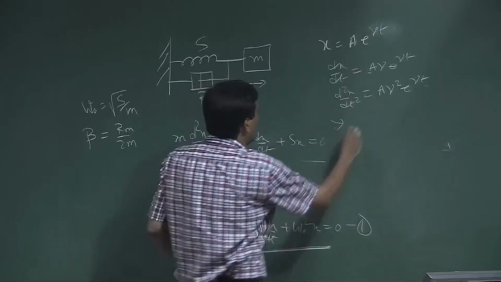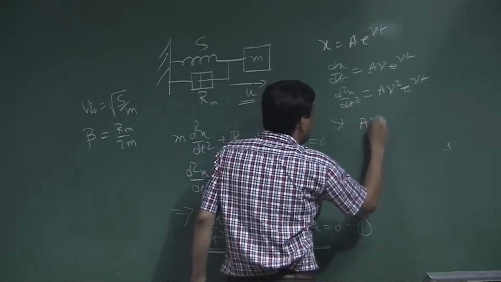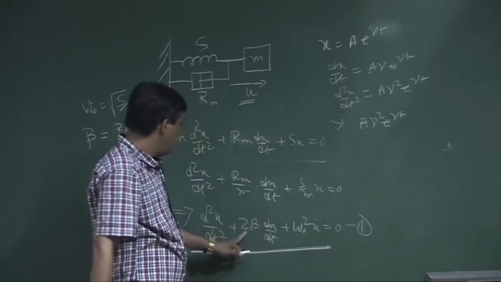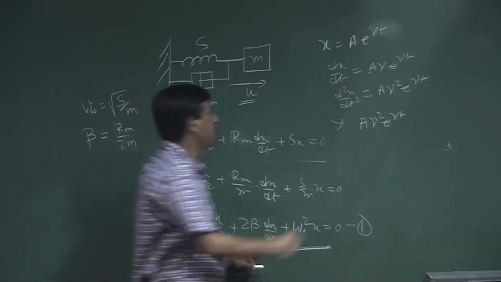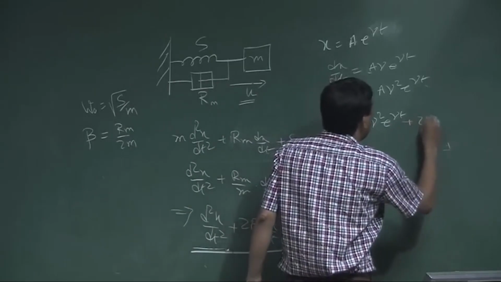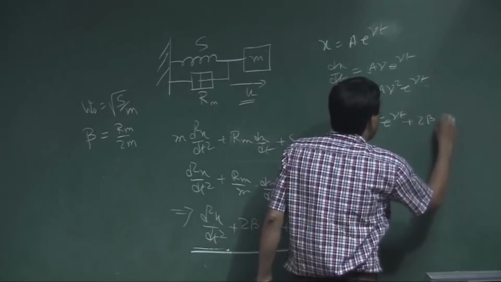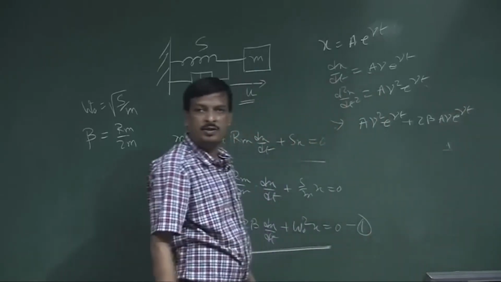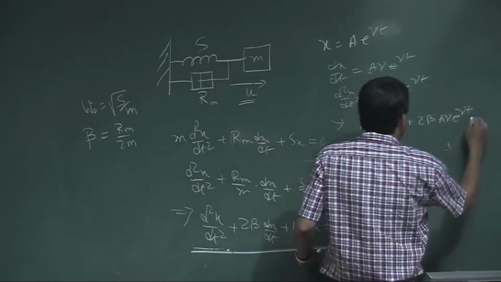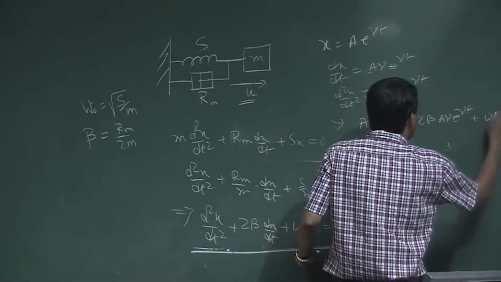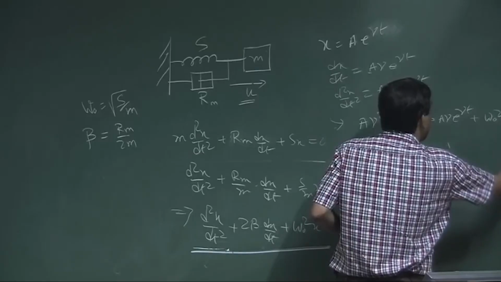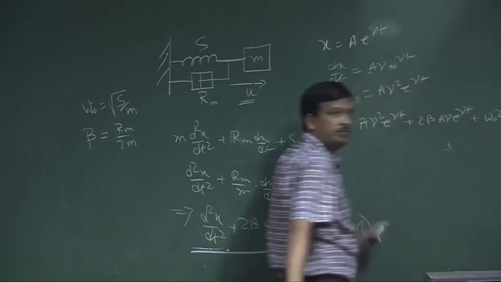d2x by dt square is a gamma square e to the power gamma t, plus 2 beta dx by dt, which is 2 beta a gamma e to the power gamma t, plus omega 0 square x, which is a e to the power gamma t, is equal to 0.